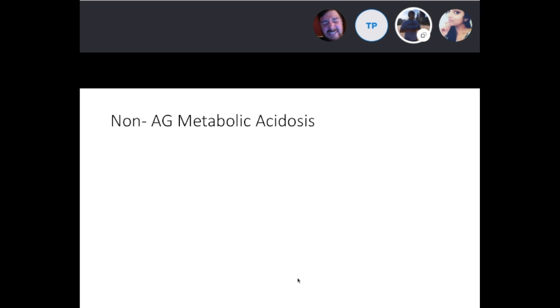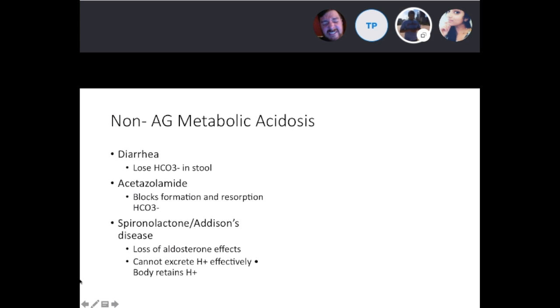So in non-anion gap diseases, you're going to have either diarrhea, and that's due to the loss of bicarb in your stool. Acetazolamide is another one that can cause non-anion gap metabolic acidosis, because you can't reabsorb, so you lose the bicarb, and that's why it causes an acidosis.